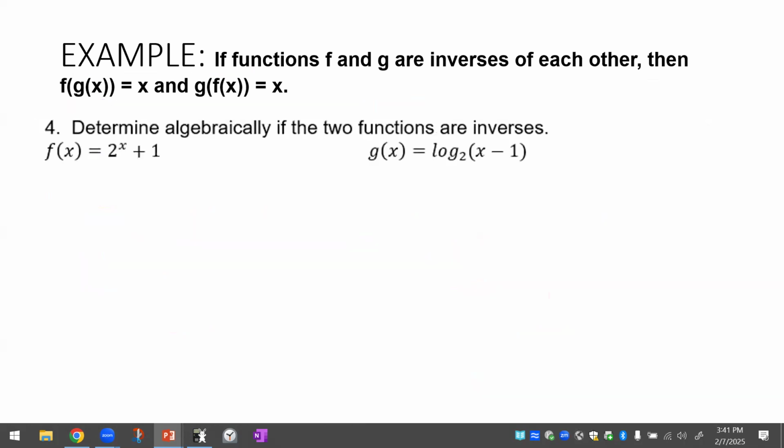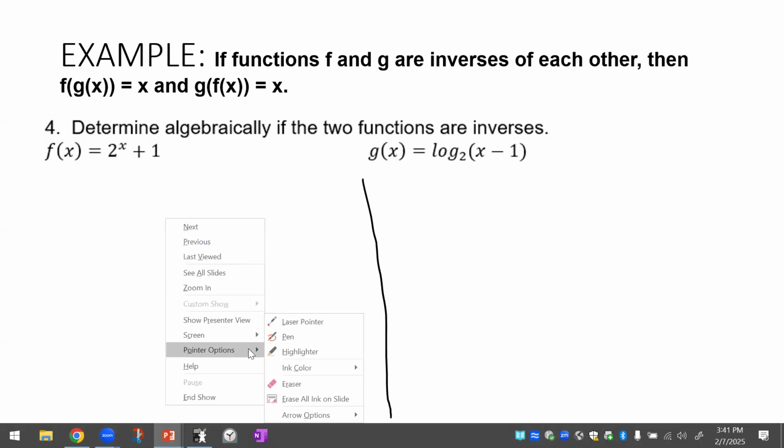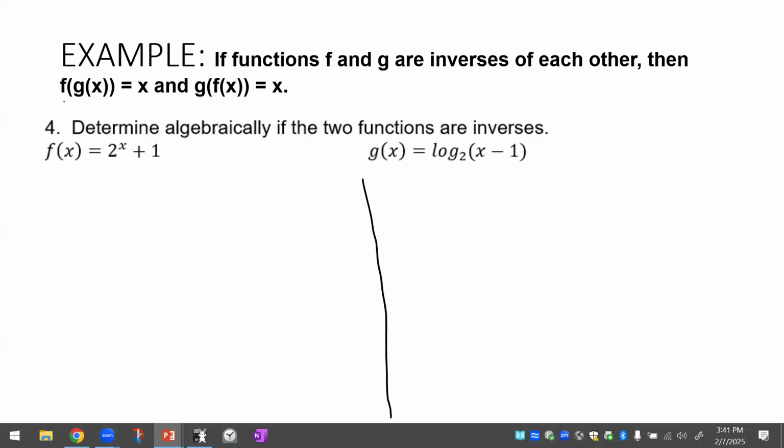All right, let's try it with a log function and an exponential. Again, we're going to do a left hand and right hand check. Draw a little line. Left hand, we're doing f composed of g of x, which equals f composed of log base 2 of x minus 1.